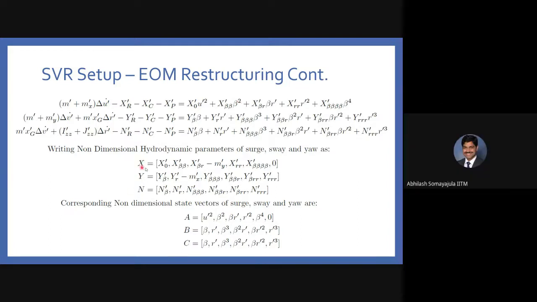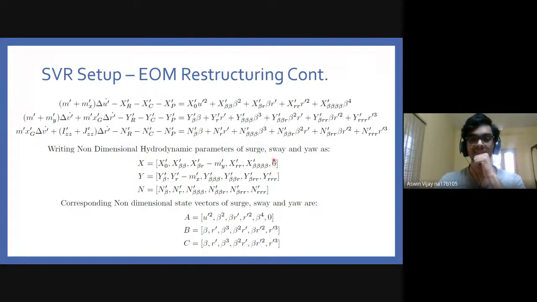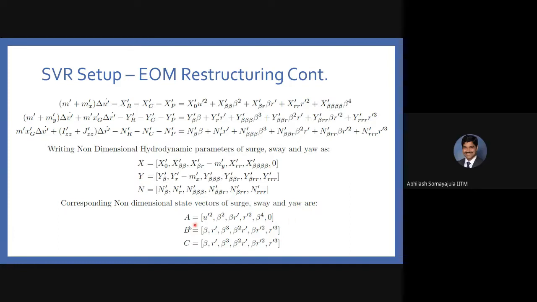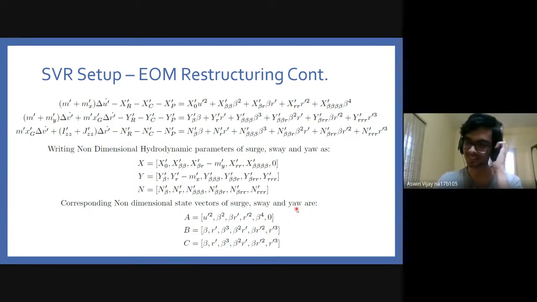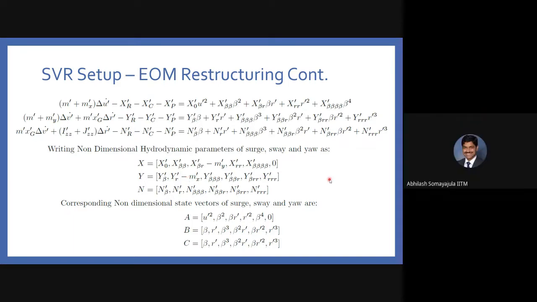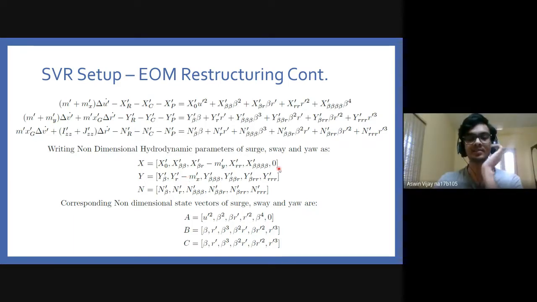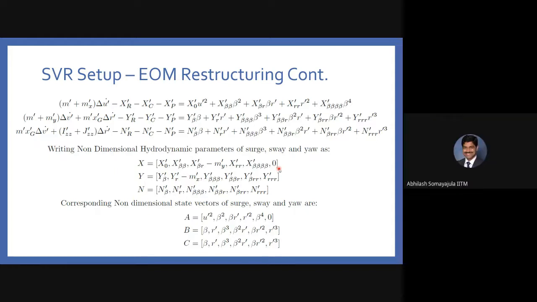One second, Ashwin. Why do you have a 0 at the end? This is just simply put to make it even. Actually, there are only 5 terms here, and 6 terms here. It doesn't affect anything, because X, Y, and N are being regressed separately. So in your actual case, X is only the 5 hydrodynamic derivatives that you're trying to predict.